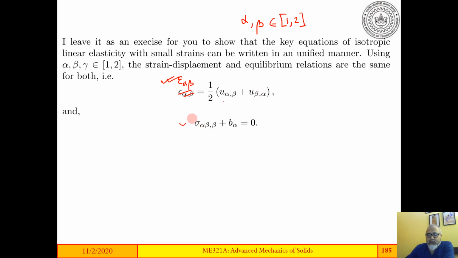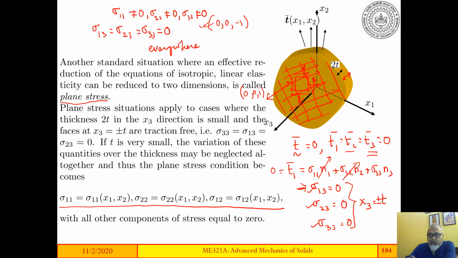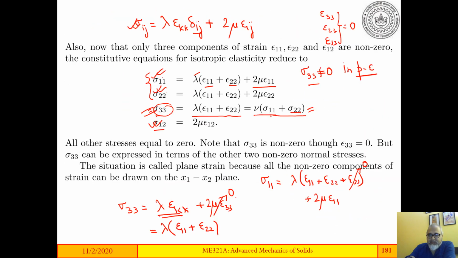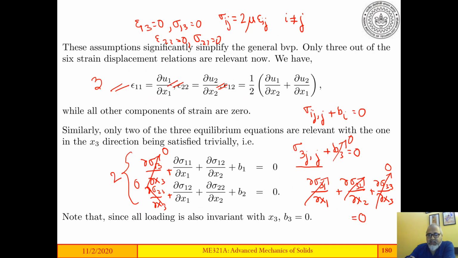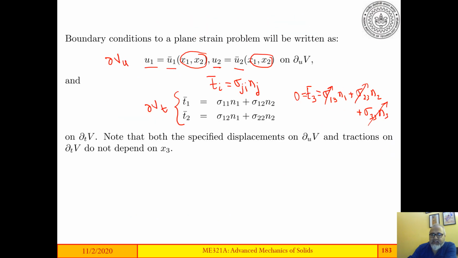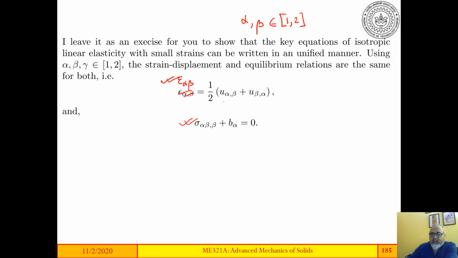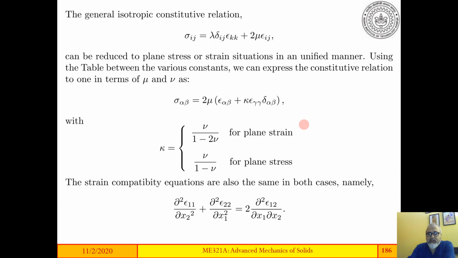Again, the equilibrium equation can be expressed in this form, which is the same as what we did for the plane strain case. So if you go back to the plane strain case, you would see that these were the equilibrium equations. These are the strain displacement relations, and they are exactly the same as what we have in plane stress here. The difference arises in the constitutive equation, and I don't derive this in detail.